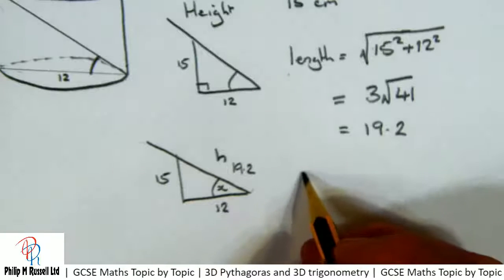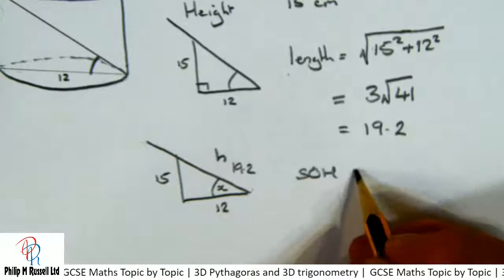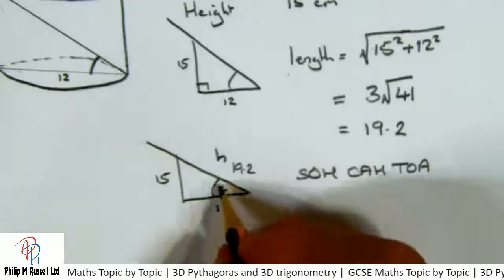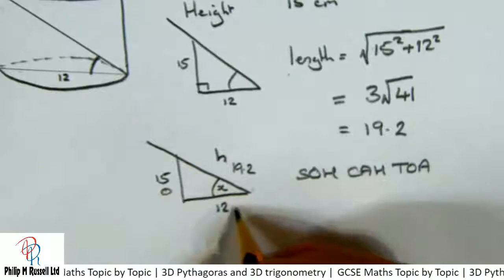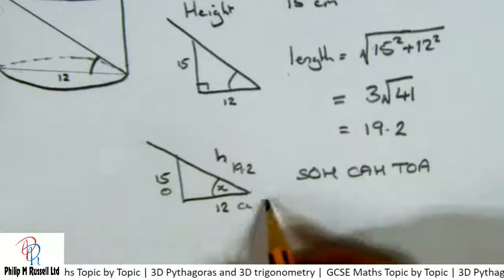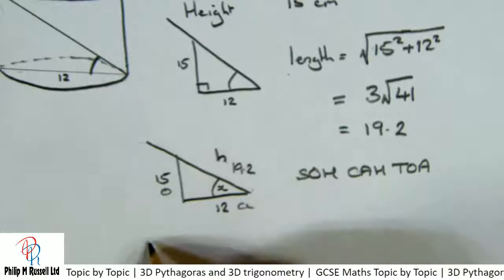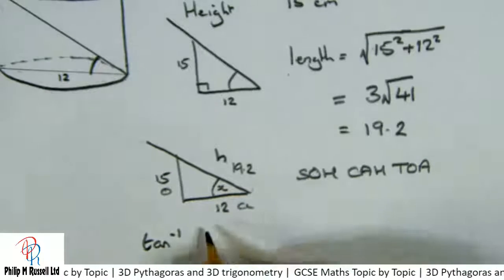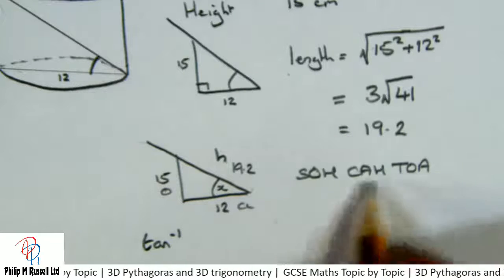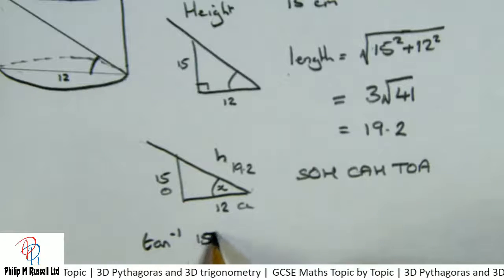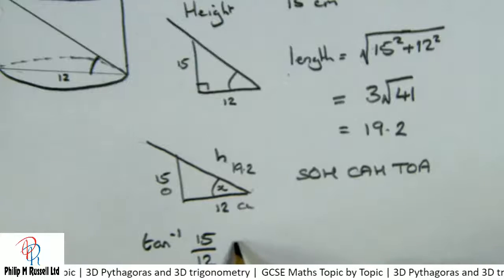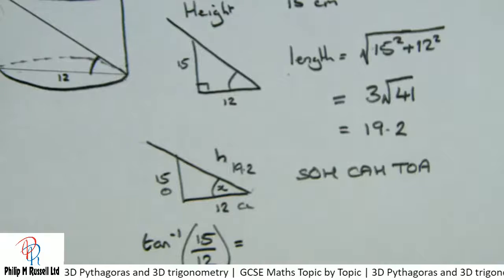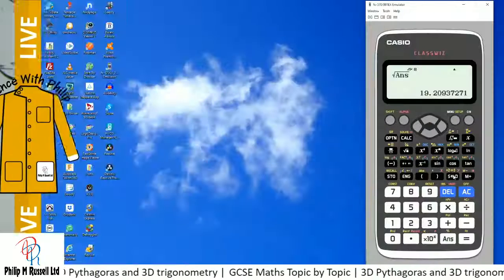So I've got my SOHCAHTOA, I've got my hypotenuse, I've got my opposite and adjacent. I'm trying to find an angle, so this is going to be the tan minus 1 of the opposite over the adjacent. Probably best to put my brackets in there.